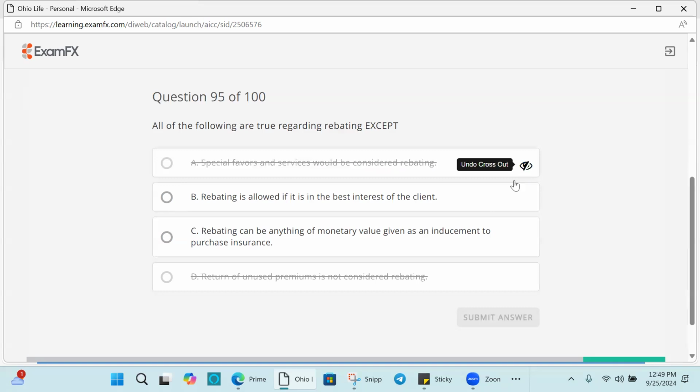Rebating is allowed if it's in the best interest of the client? No. Oh, wait a minute. I'm going to change my answer. All of the following are true except, the answer is B. Rebating is never allowed for any reason.